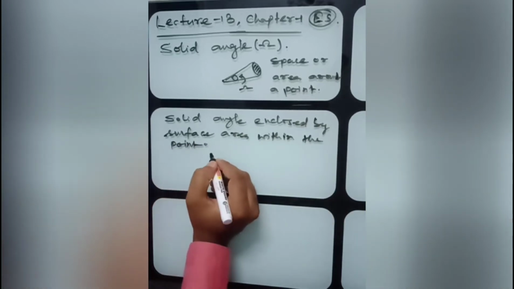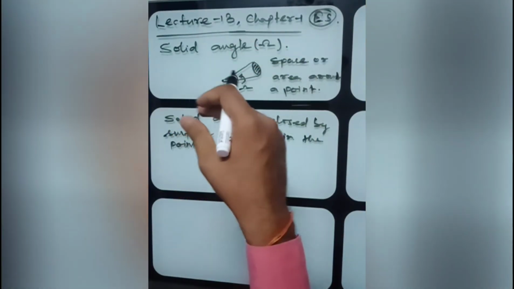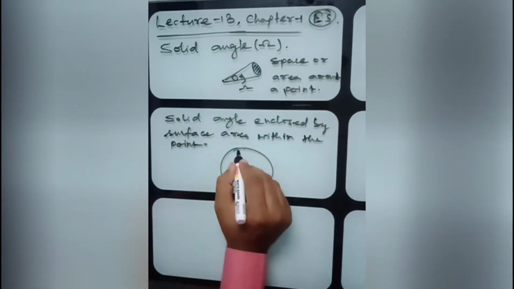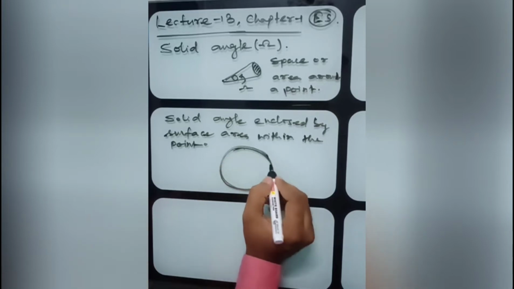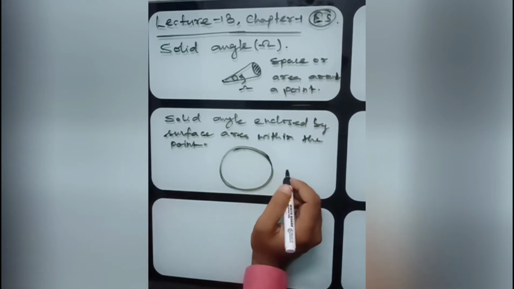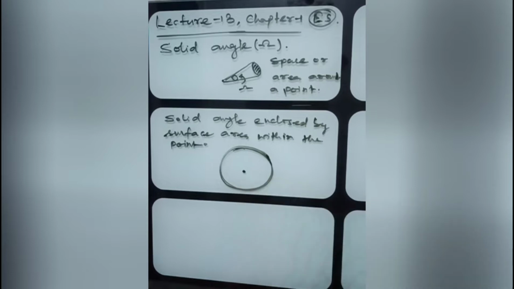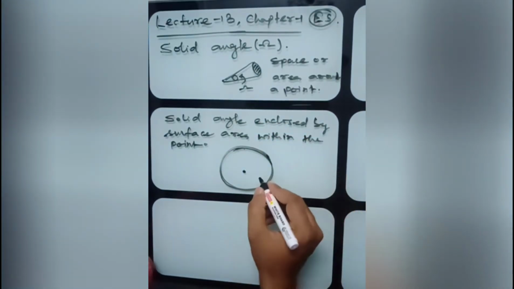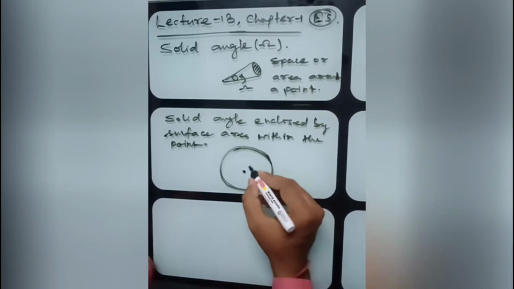I'm trying to explain this solid angle to you, students, otherwise most students get confused about it. Suppose this is a sphere. If you go to the market to buy a watermelon, you will see that the person selling the watermelon tries to check whether it is red or not, whether it is in good condition to sell.